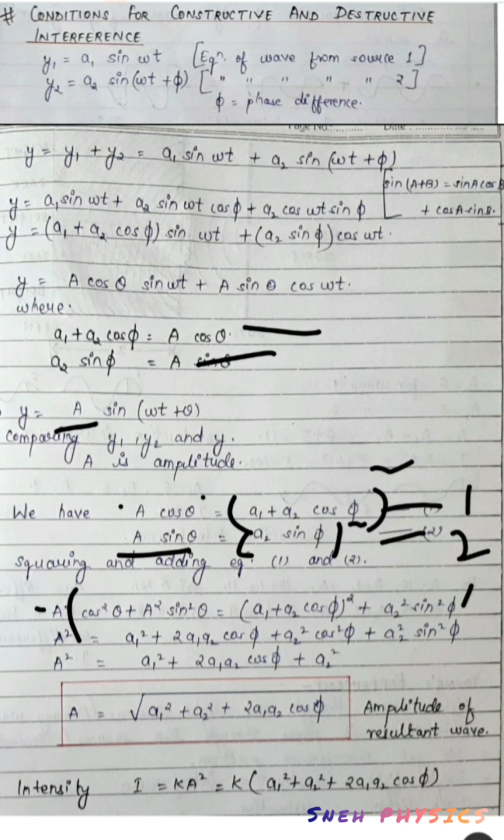Now taking A square outside, sin square theta plus cos square theta gives 1. So A square will be as it is, and here we open the a plus b whole square formula: we get a1 square plus 2 a1 a2 cos phi plus a2 square cos square phi. Here we can take a2 square common, and we are left with sin square phi plus cos square phi, which is 1.